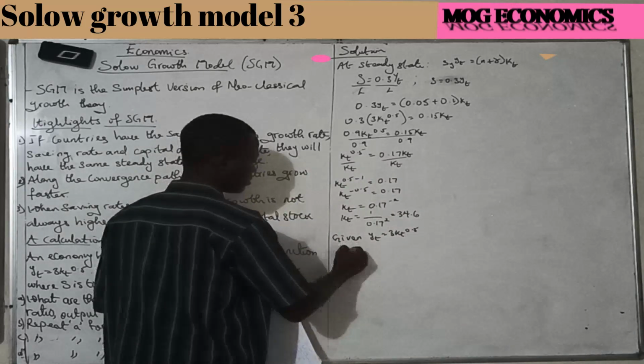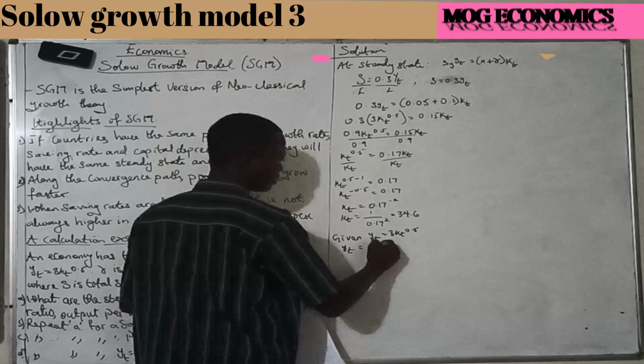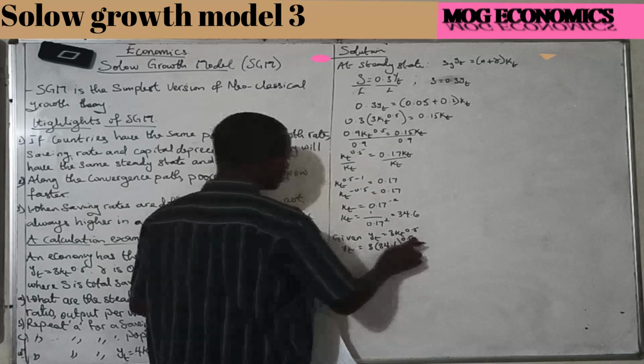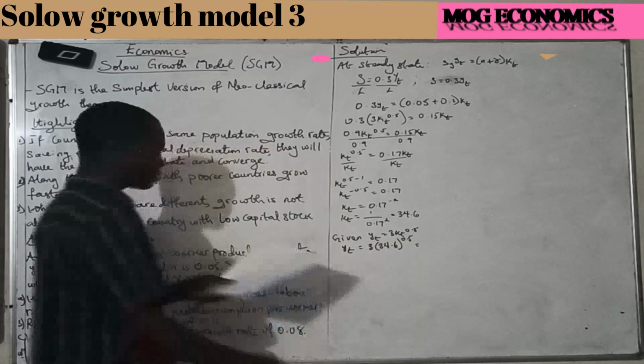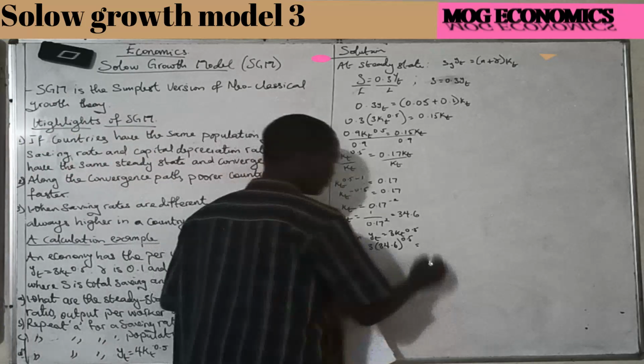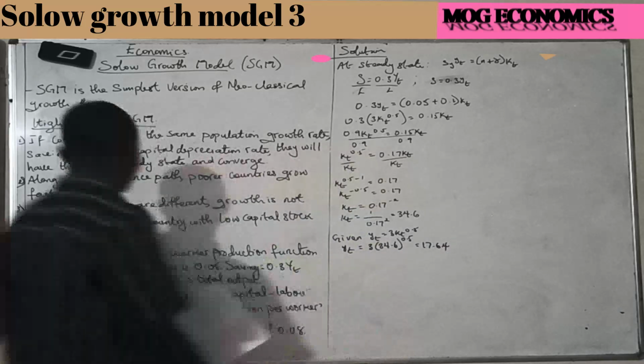So YT equals 3 into brackets 34.6 raised to 0.5, which is the root of 34.6. The root of 34.6 multiplied by 3 is 17.64. So that's the output.